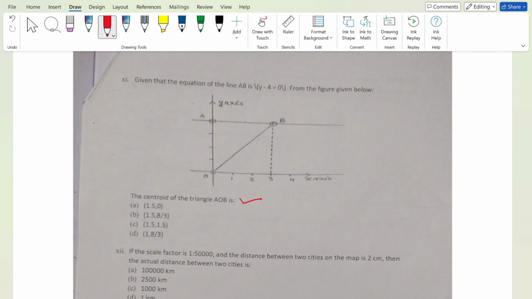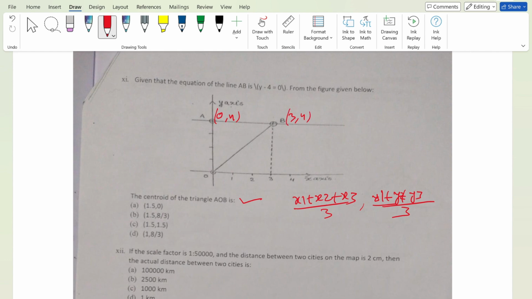The centroid formula is (x1 plus x2 plus x3) by 3 for the x coordinate, and the y coordinate is (y1 plus y2 plus y3) by 3. Now A coordinate is (0, 4) and B coordinate is (3, 4).